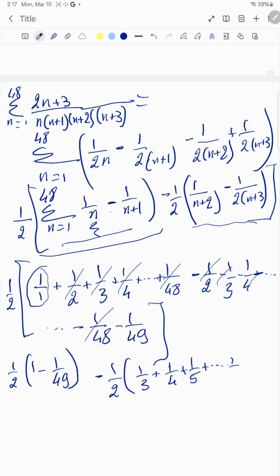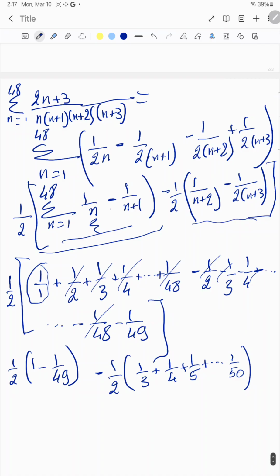I have 48, so I have to finish with 1 divided by 50. But I have the minus here, and minus times minus is plus. So let's take out this parenthesis, and I put minus 1/2 outside.